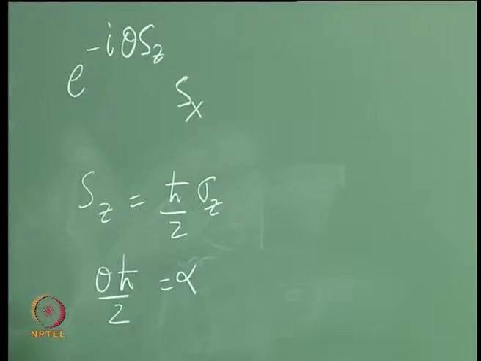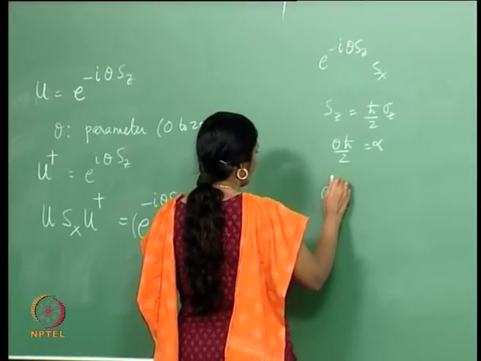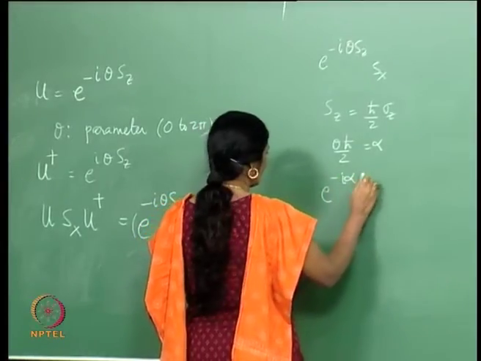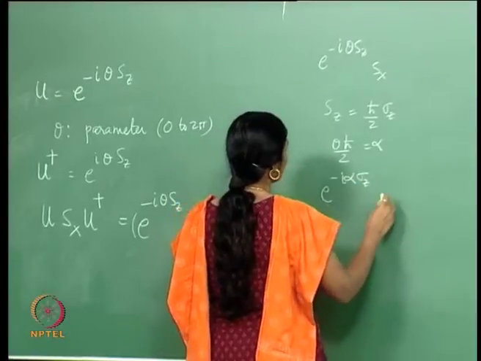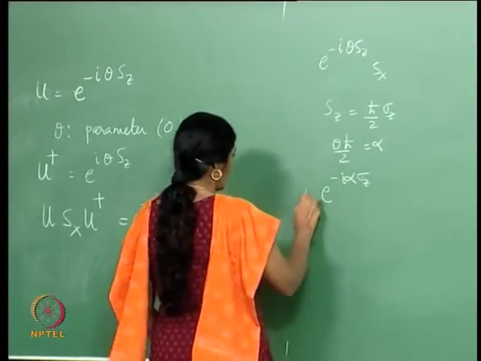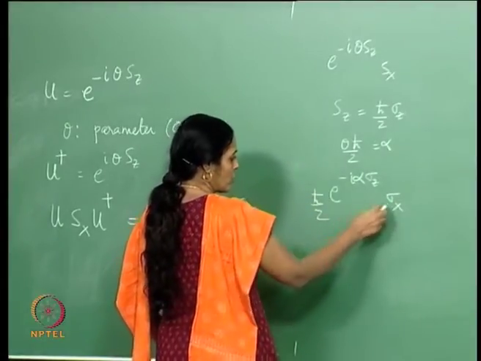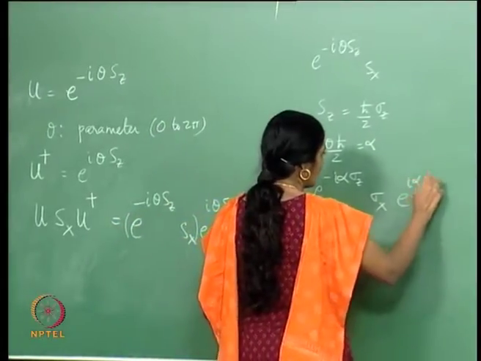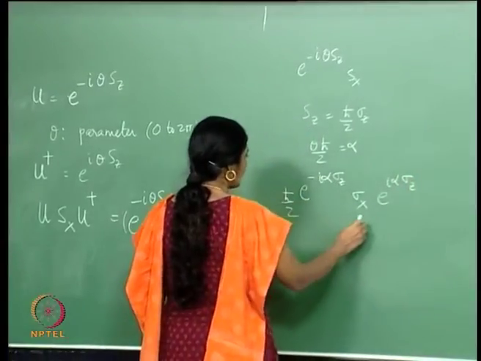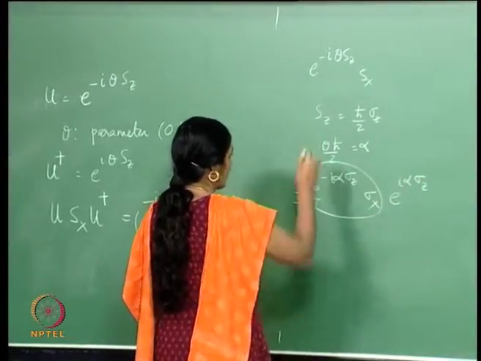So, basically I have to find out e to the minus I alpha sigma z h cross by 2 sigma x, because Sx was h cross by 2 sigma x, e to the I alpha sigma z, and this is the part that I am going to look at first.